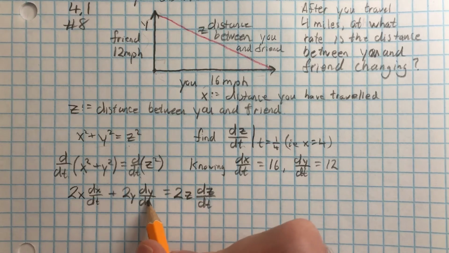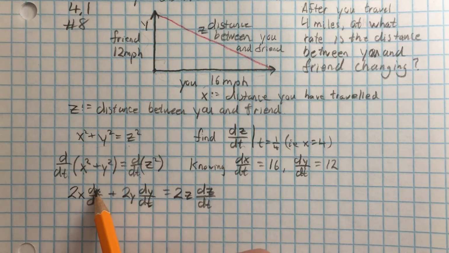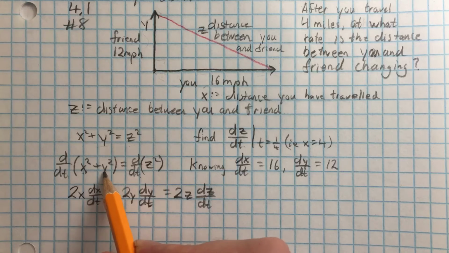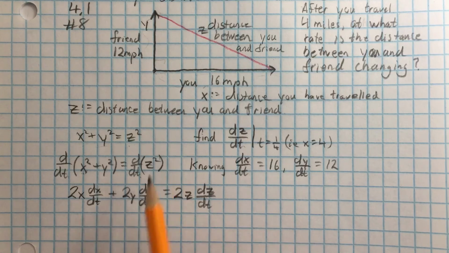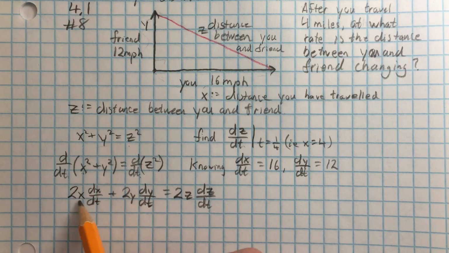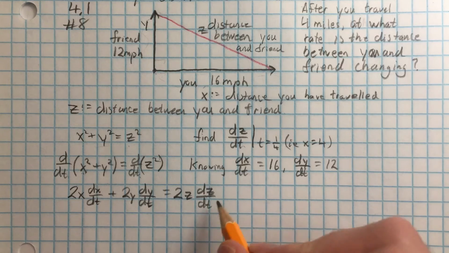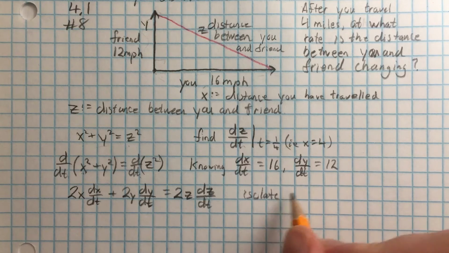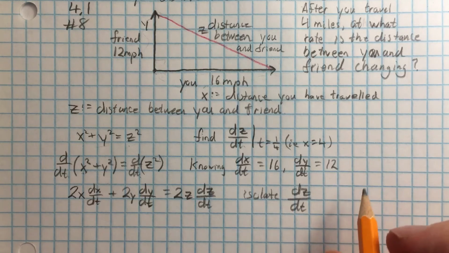Again, for each and every one of these, because x, y, and z are all dependent upon time, the derivative of what I'm considering an inner function, x is inside the squaring function, y is inside the squaring function, z is inside the squaring function. All of the derivatives must emerge through the use of chain rule. Okay. Now we just solve for the one we want. We're going to isolate the dz/dt derivative.